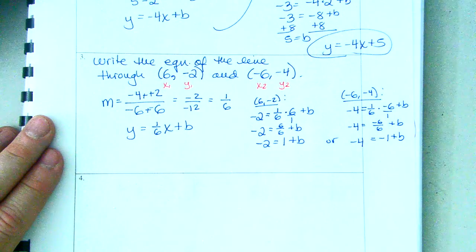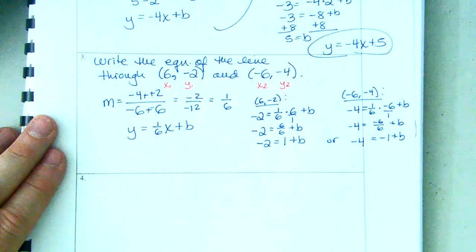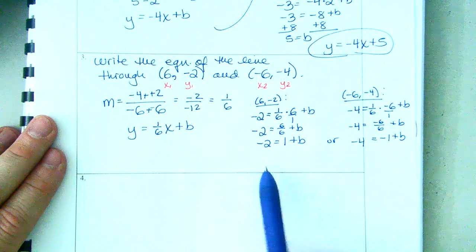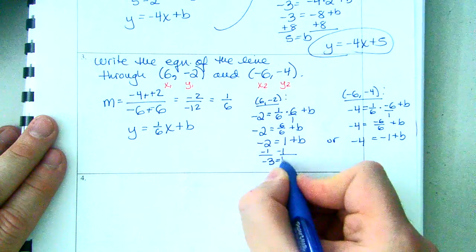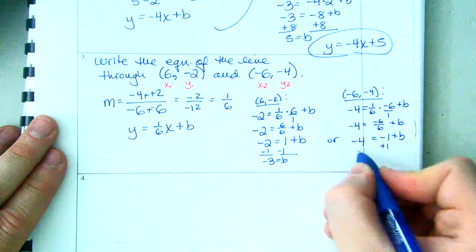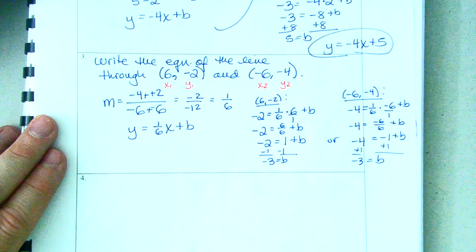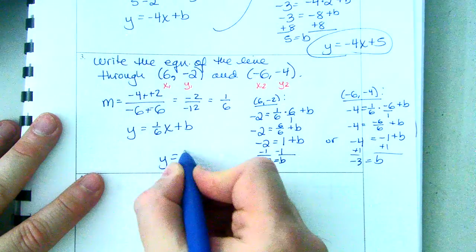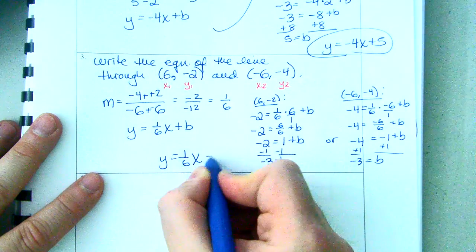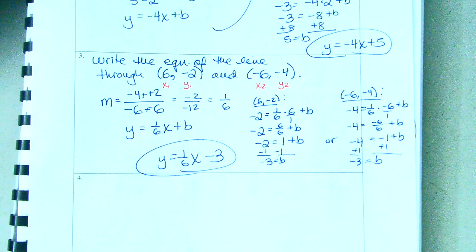Do you have the second one? Negative 4 equals negative 1 plus b. And Chase, do you have the first one? Does it work out the same? I think they will. I get negative 3 there if I do it this way. I'm not going to keep doing this in two different ways, but both ways should work. B is negative 3. Y equals 1/6 x minus 3. That should do it for that one.